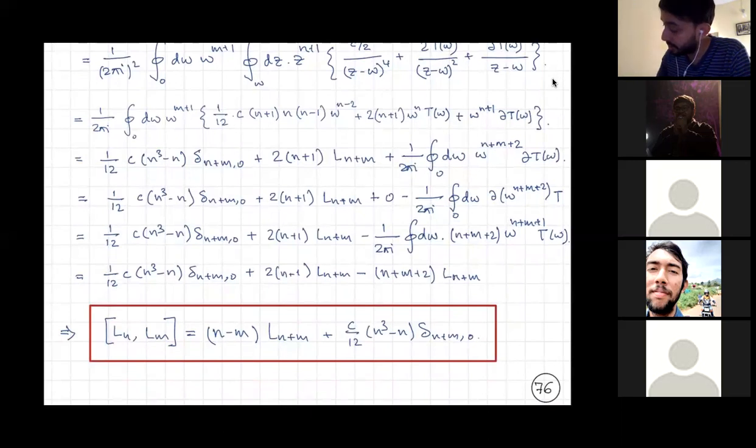It's nice to see that everything has fit in. So this is the Virasoro algebra. This is something that we had got previously when we were looking just at symmetries and so on.